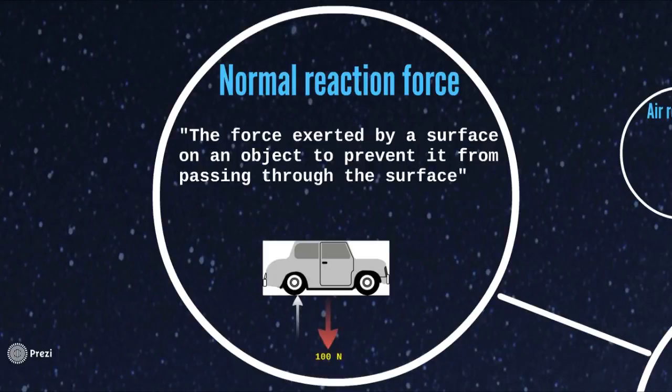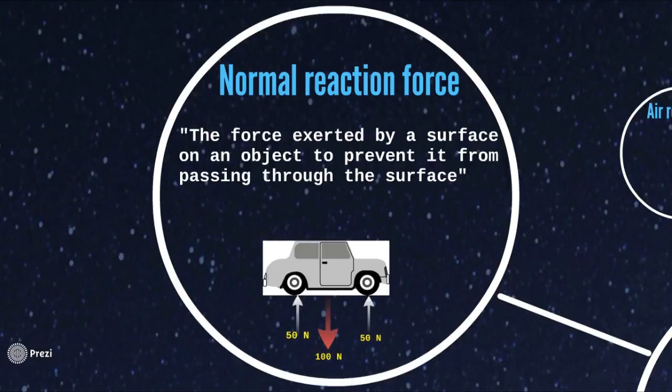We can also see that to counter the 100 Newton of force, two forces, each of 50 Newton, act on the tires of the car that are the only parts of the car in contact with the ground. If this force opposite to the weight wasn't applied, the car would have passed through the surface and kept on going until it faced an equal force to its weight.